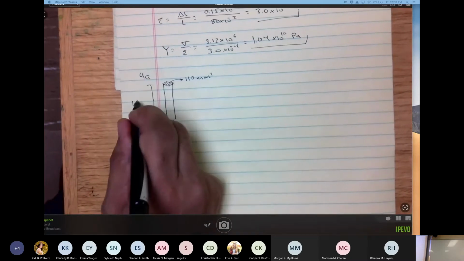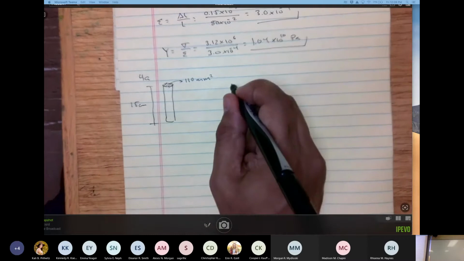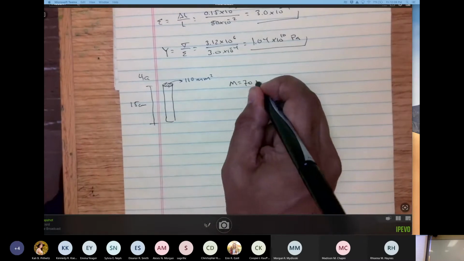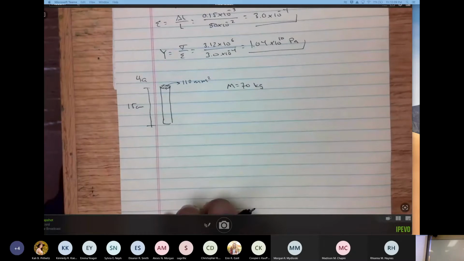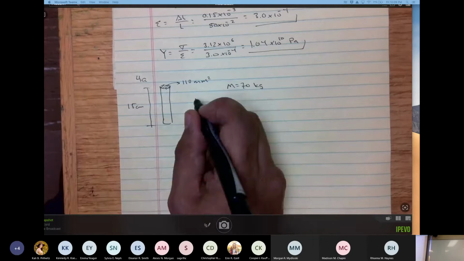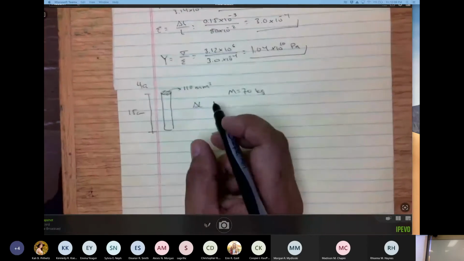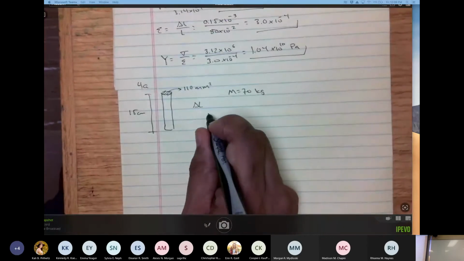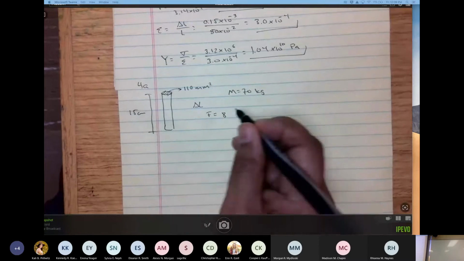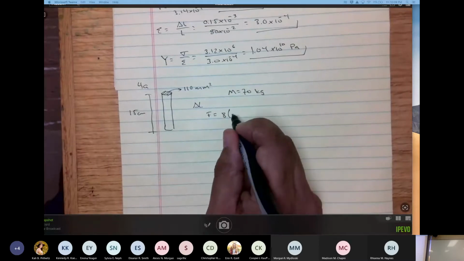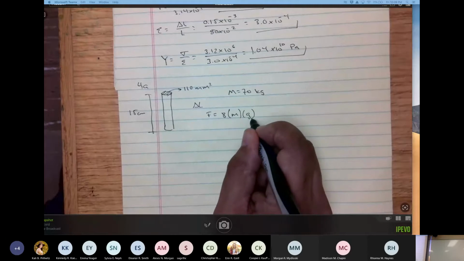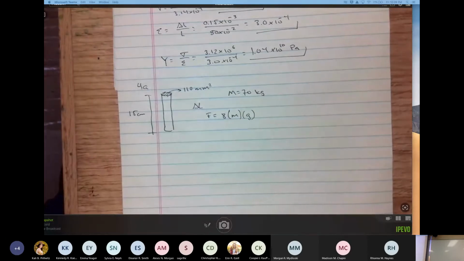The mass of the runner is 70 kilograms. Okay, and I want to find out what is the contraction, or what is the stretch, when the force is 8 times the body weight. There is one piece of information that is missing.